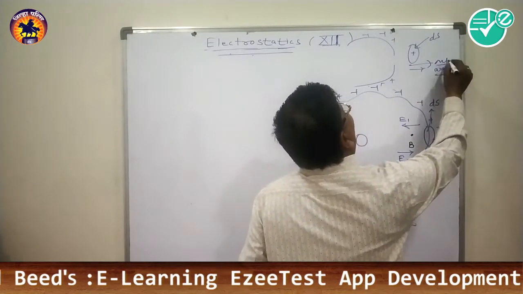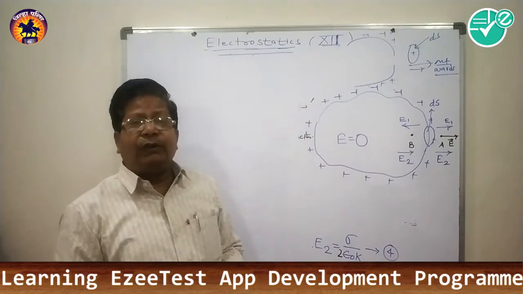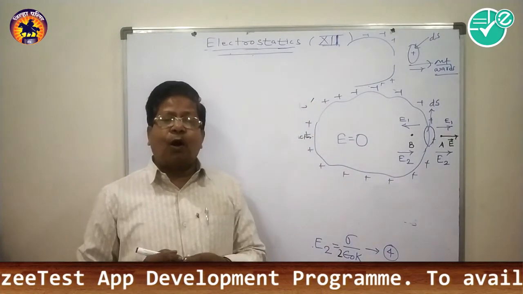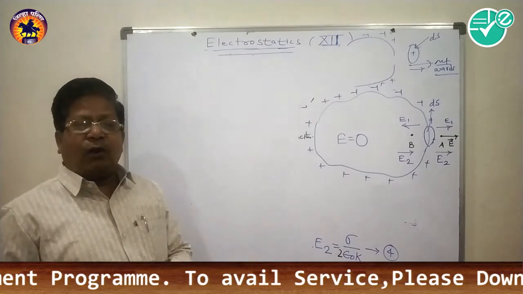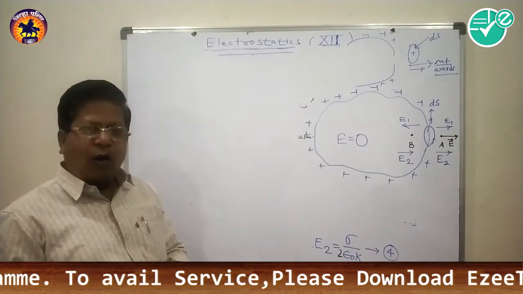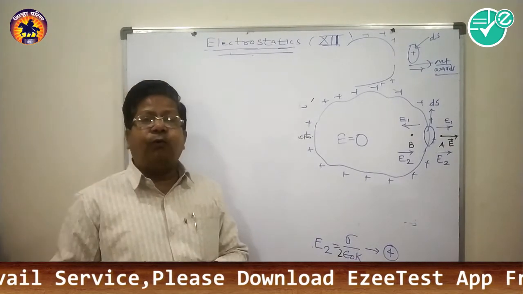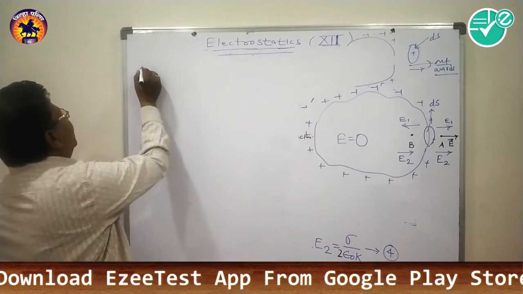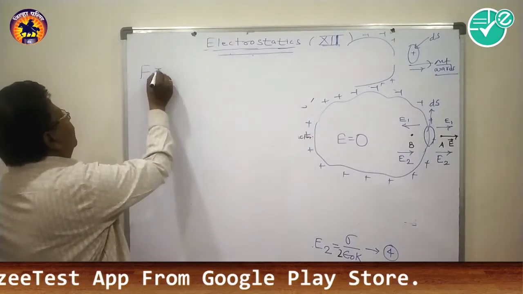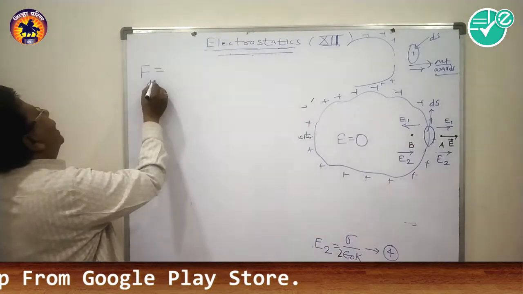This force, due to which area ds is pushed outwards by the remaining charges on the conductor, is called mechanical force.